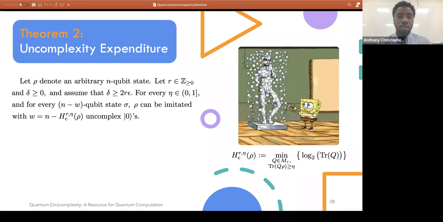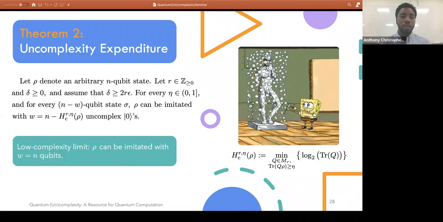Now here we can choose any eta, and we say that for any junk state sigma, so n minus W qubit state sigma, that rho can be successfully imitated with n minus the complexity entropy number of uncomplex zeros. So this is telling us how many zeros we need to get from the uncomplexity bank in order to simulate rho effectively.